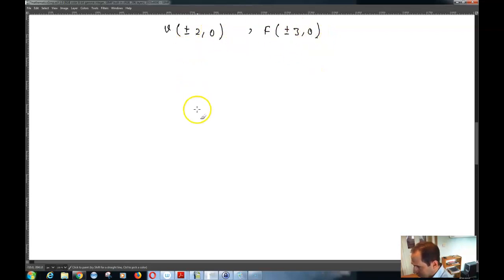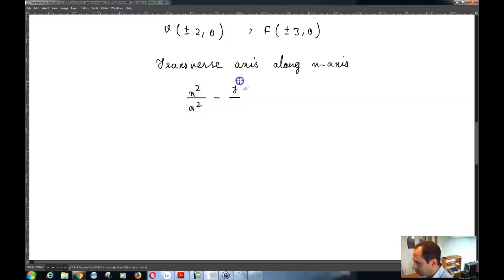That means that these points are along the x-axis, meaning that the transverse axis of this hyperbola is along the x-axis. And so based on that, I can say that x squared by a squared minus y squared by b squared is equal to 1.